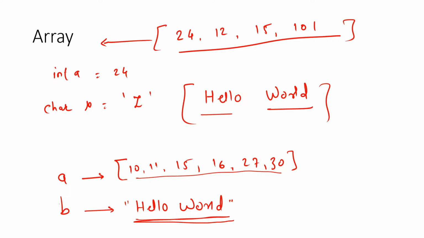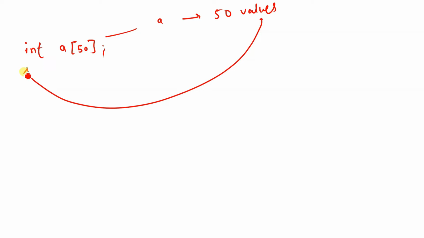Now let's try to see how we can define these arrays. There is no special method of defining array. What we need to do is simply specify it like this. So int a, specify a square bracket, and let's say what's the size of array a that you want to have. So you can simply declare a[50], means what? A can store as much as 50 values, and each value can be int.